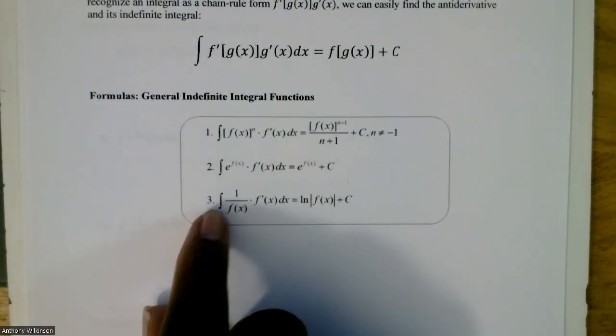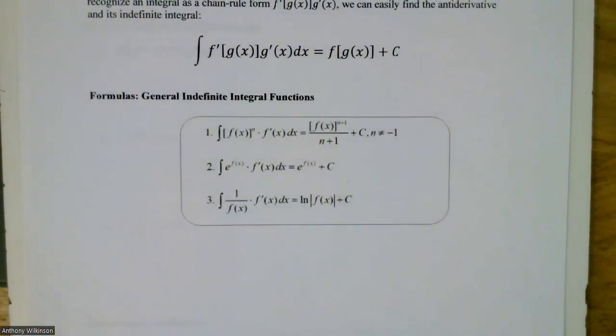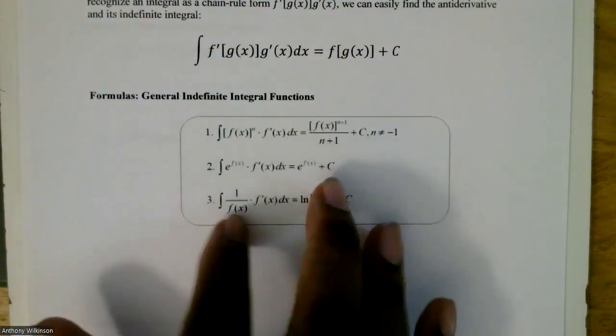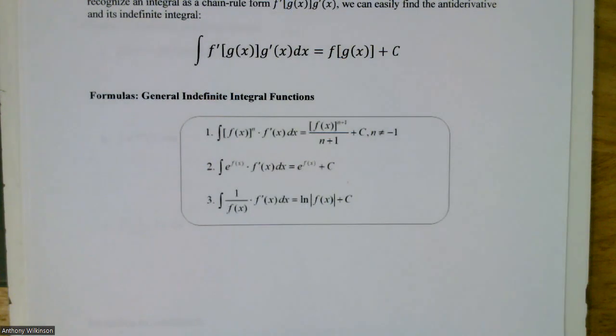Then the third rule is the integral of 1 divided by f of x times f prime of x dx, which would be the natural log of f of x plus c. So these are similar to the rules that we talked about in the previous section 5.1 dealing with antiderivatives and indefinite integration. But here we're just introducing a function in terms of x.